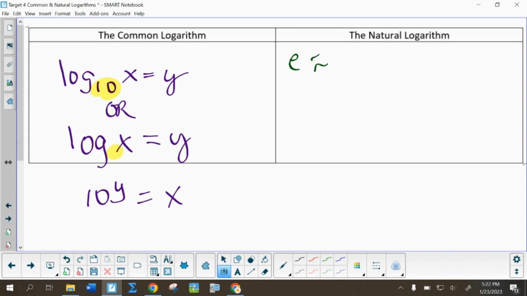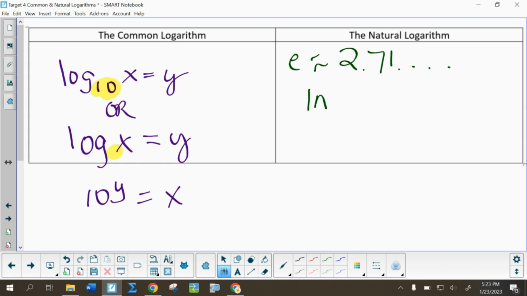If you press the button e on your calculator and hit enter, with just the first power, it's going to be about 2.71 and a whole bunch of other decimals afterwards. So the number e is approximately 2.71, and it is the base of the natural log.